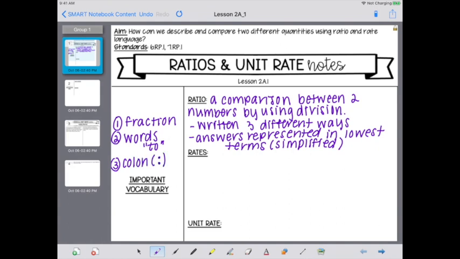So let's say our example is 2/3, 2 to 3, 2 colon 3. Those are the 3 different ways that we can write a ratio.